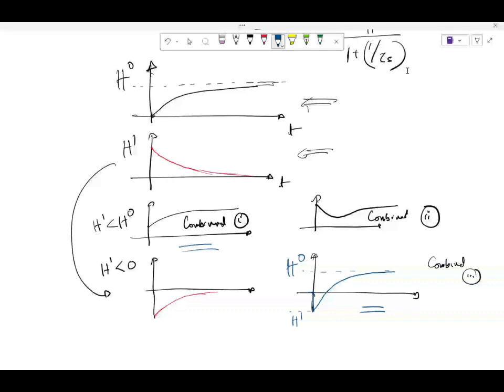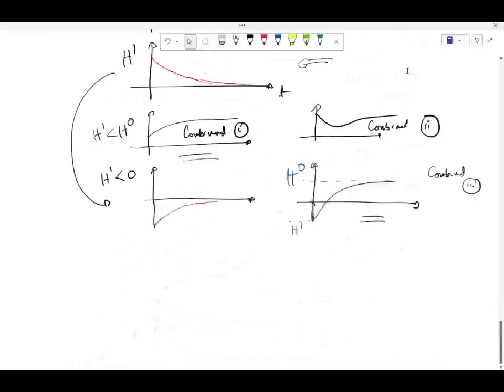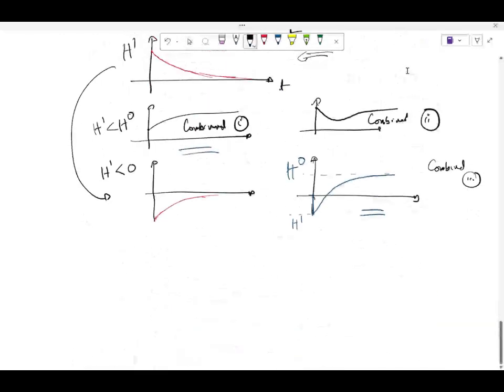Now if I go back and look at the transfer function, what does it imply at the transfer function level?